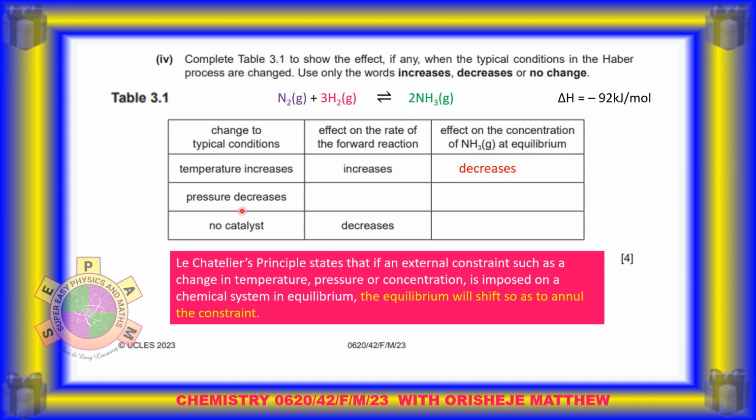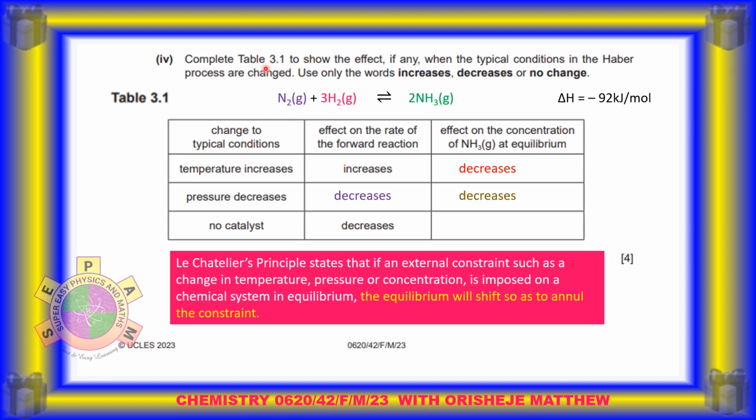Now let's look at pressure. Now if you decrease pressure, so ordinarily if you decrease pressure, where do you have fewer molecules? So if you decrease pressure, what is going to happen? The forward reaction is going to decrease. And when it decreases, the quantity of this will decrease, because a decrease in pressure will favor the side that has more molecules, a higher concentration.